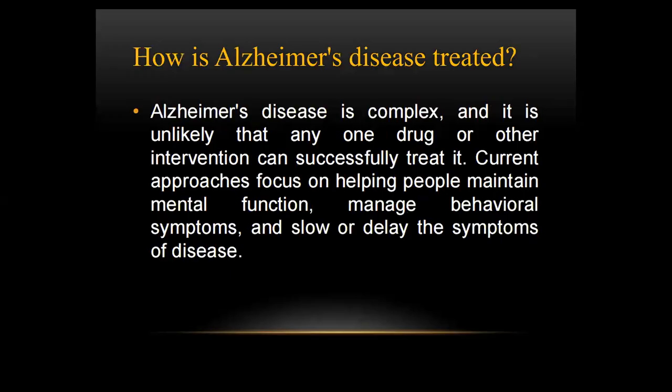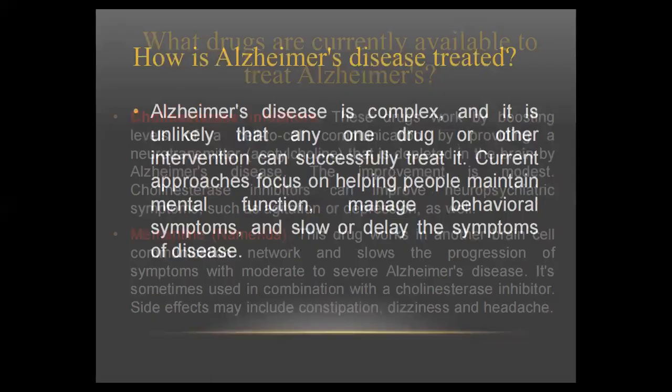So how is Alzheimer's treated? It's a difficult disease to treat. The current approach is to maintain mental functioning, manage behavior symptoms, and slow or delay the symptoms of the disease. So this one requires rehabilitation.